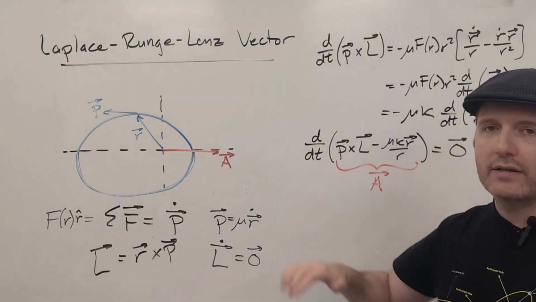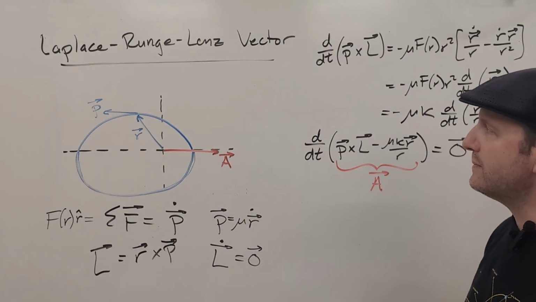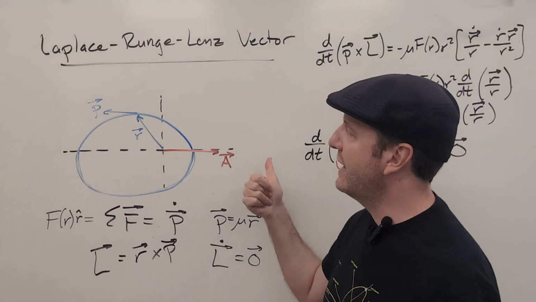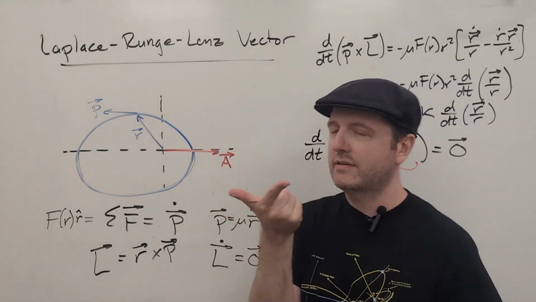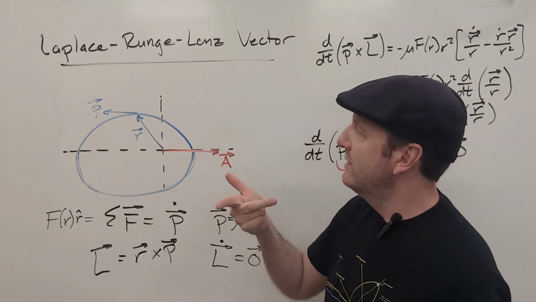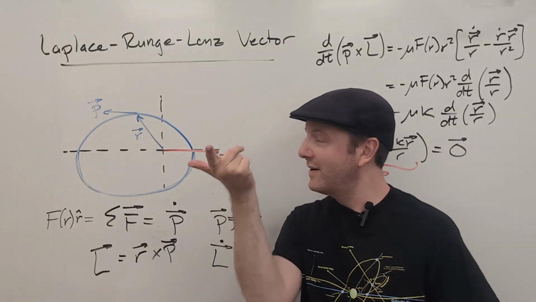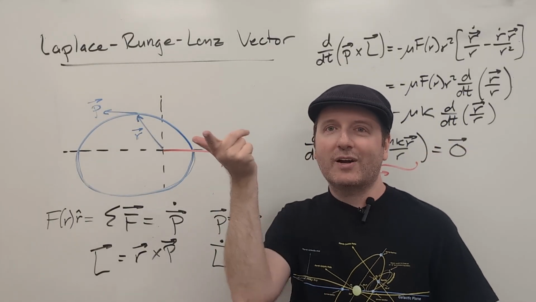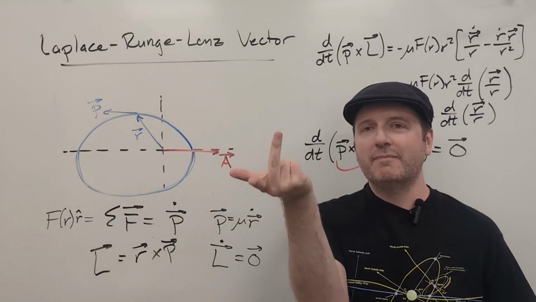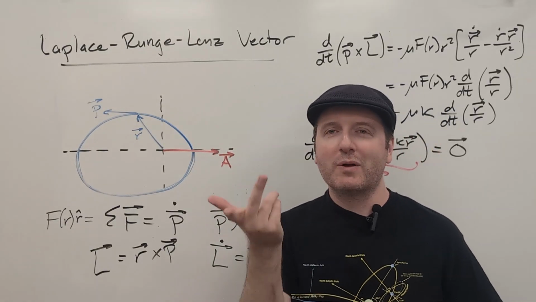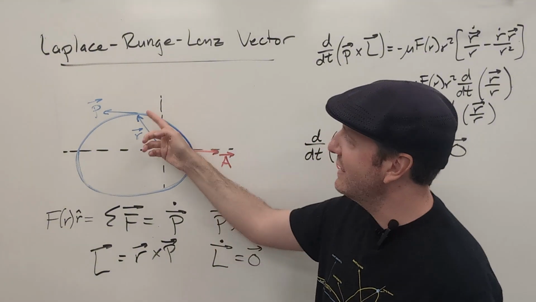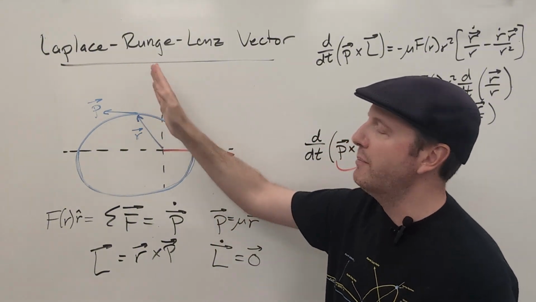It'll either be into the board or out of the board once we've chosen our plane. And if we use our right-hand rule, P cross L is giving you a direction that's kind of up.